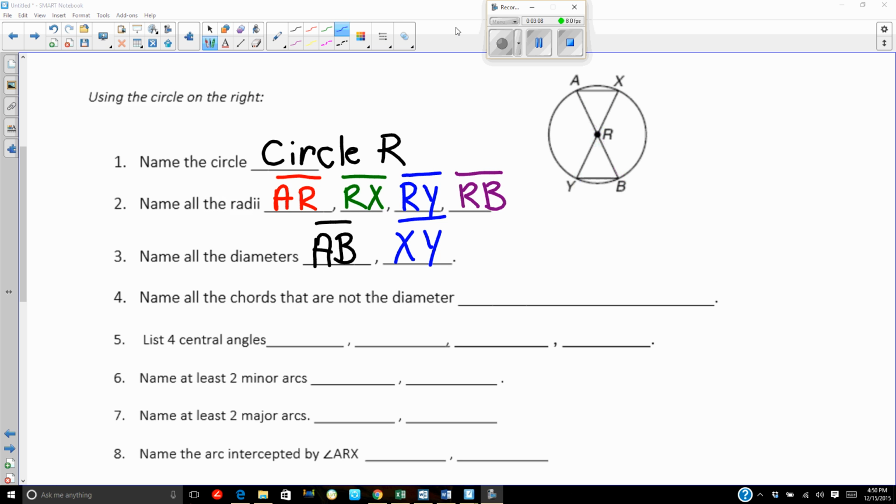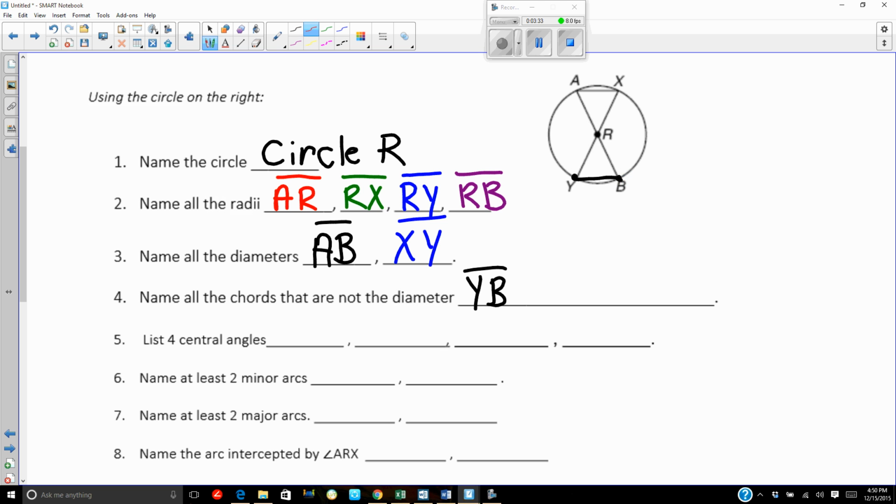Question 4 says name all the chords that are not the diameter. Remember, a chord is a segment that has both endpoints on the circle. An example of a chord that's not the diameter would be segment YB. Both of the endpoints are on the circle, and it's not a diameter because it doesn't go through the center of the circle.